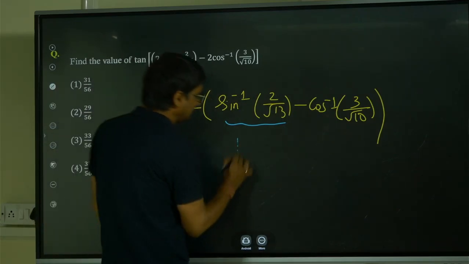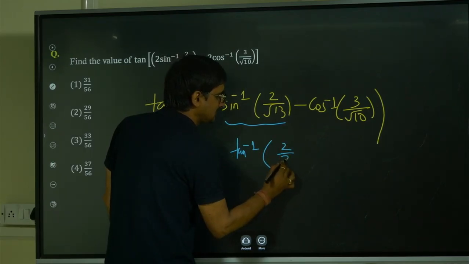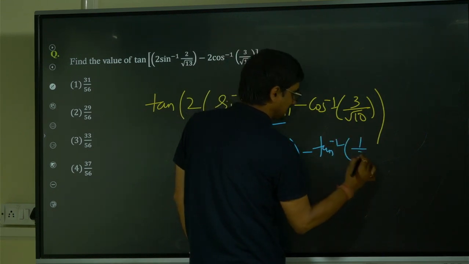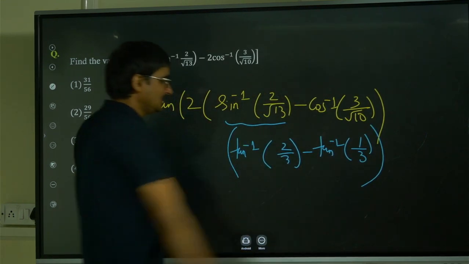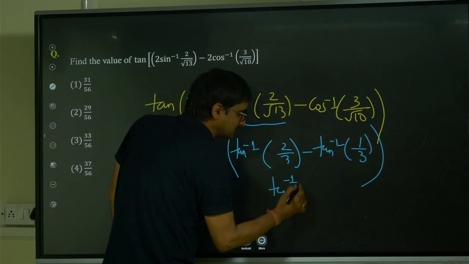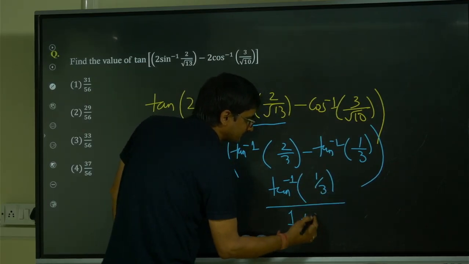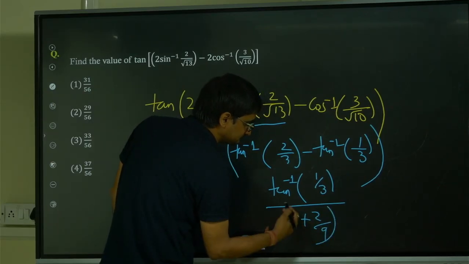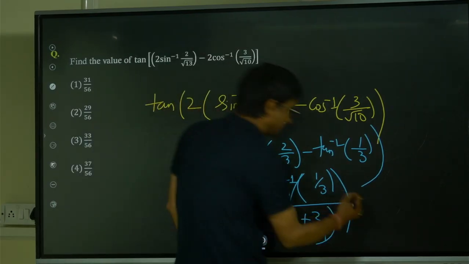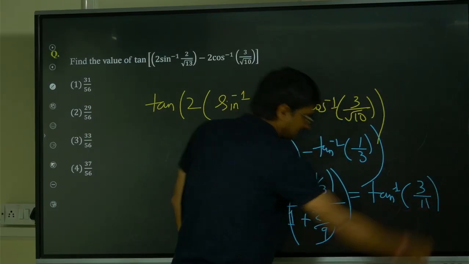So it will be tan inverse of 2 by 3 minus tan inverse of 1 by 3. Now apply the formula for tan inverse a minus tan inverse b, so (2 by 3 minus 1 by 3) upon (1 plus 2 by 9). So tan inverse of 3 by 11.